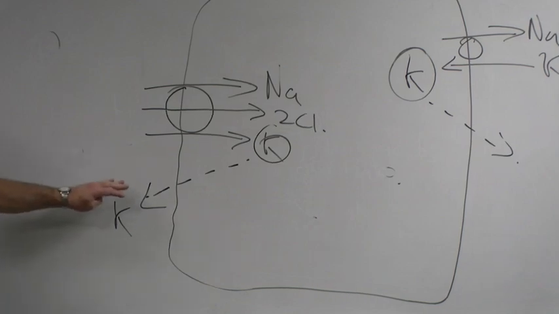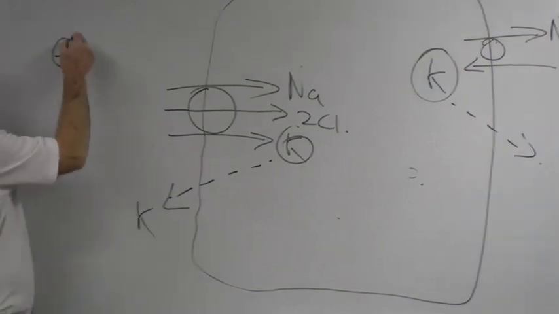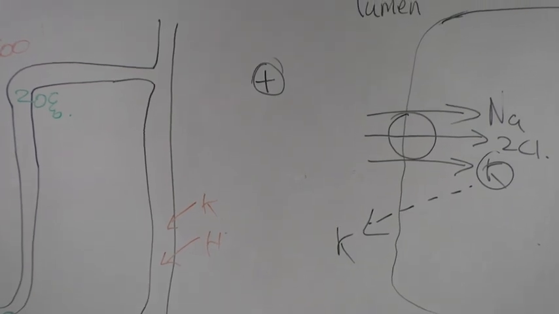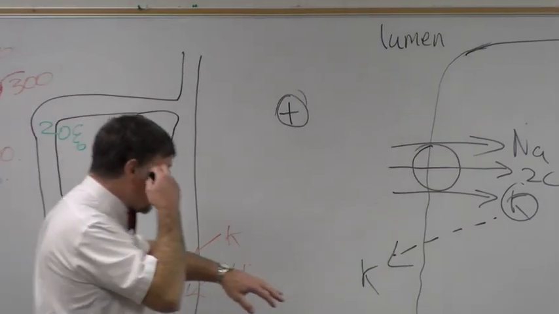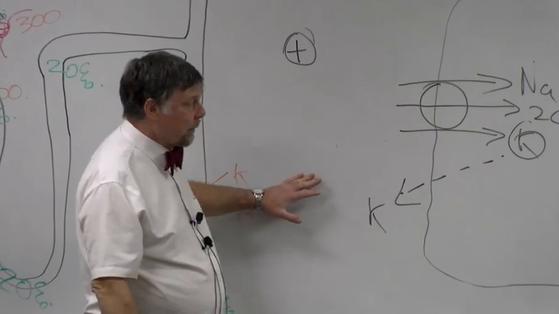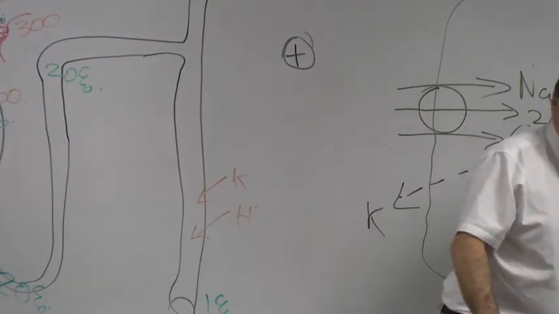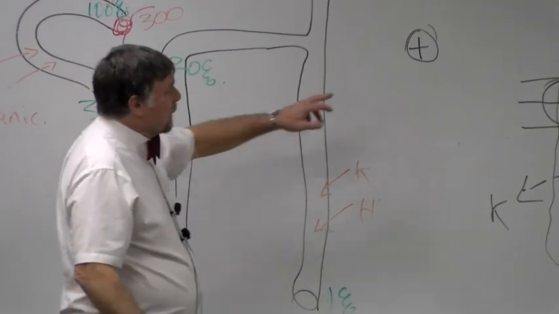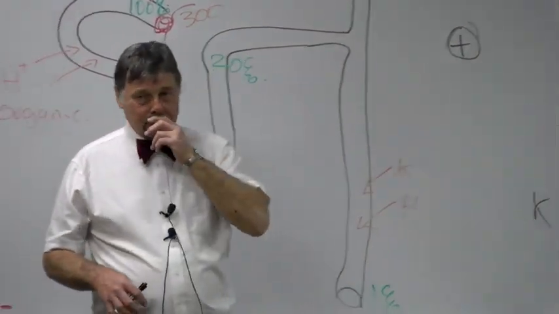Probably more moves out this way because this has a positive potential on this side. And so it doesn't take a rocket scientist to realize that more potassium goes this way than this way. Okay. So that generates a potassium potential.